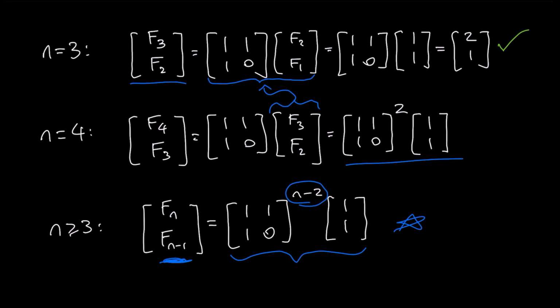What we're going to do is diagonalize this matrix 1, 1, 1, 0. And I'll point out here that not all real matrices are diagonalizable, but this one which we're looking at is. So we are going to be able to diagonalize this matrix.